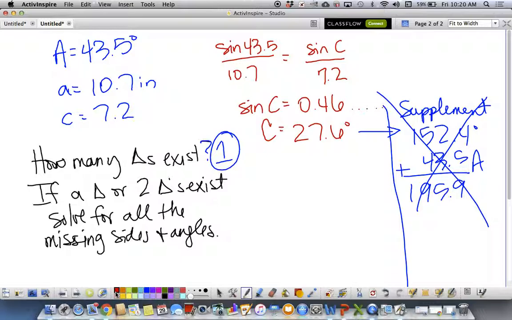So C is this angle. Can you find angle B? Of course you can. 180 minus 14.5.